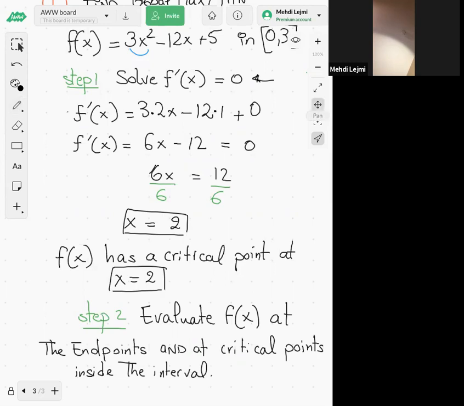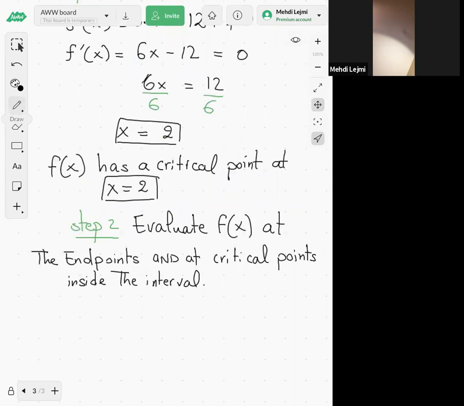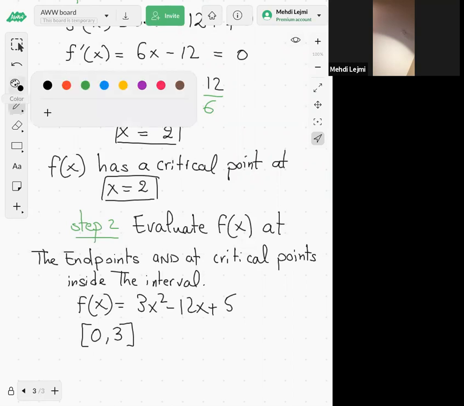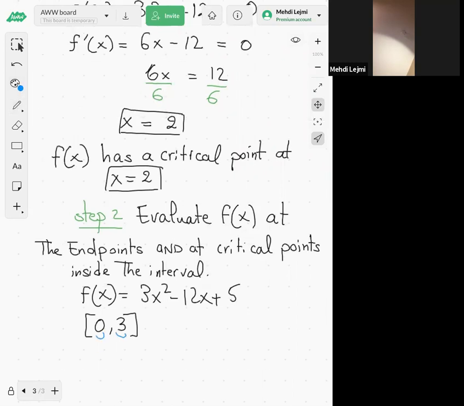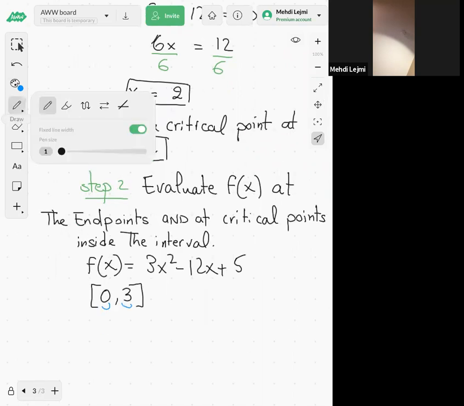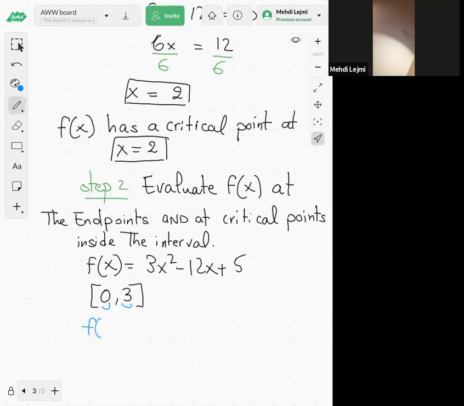First, what's my f of x? We said it's 3x squared minus 12x plus 5. What's the interval? We said 0, 3. So the endpoints of the interval are 0 and 3, and I have to check f of 0.